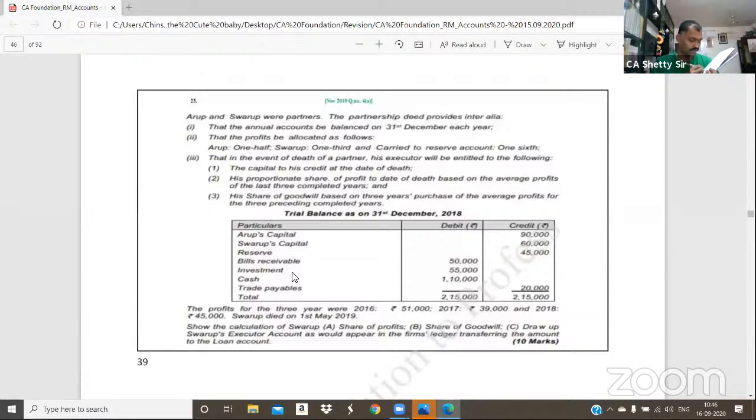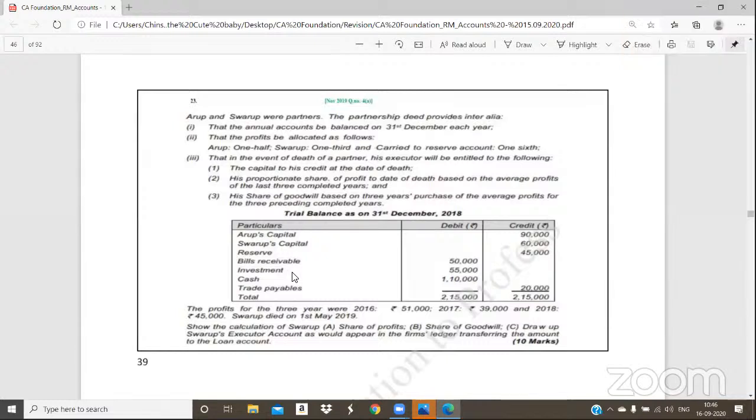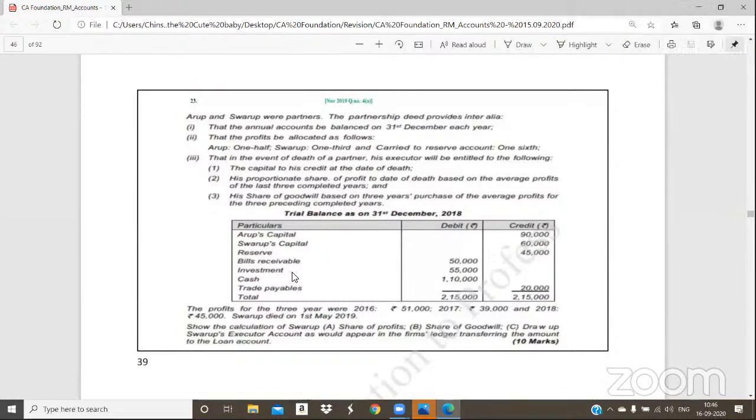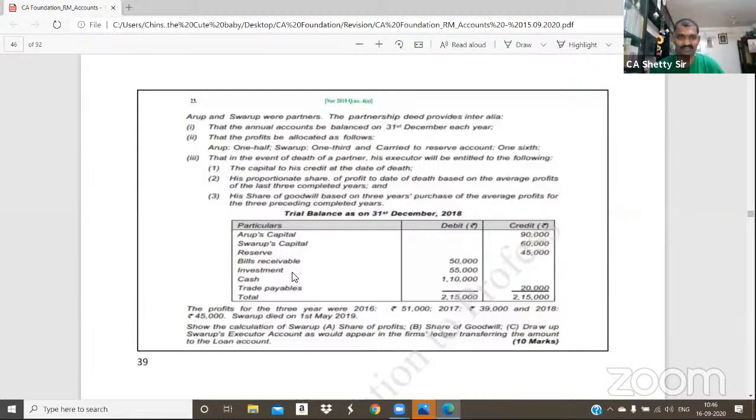Then 1st May 2019. Can you see? Yes, sir. 31st December 2018, then 1st May 2019. So from 31st December to 1st May, draw a line, a flower bracket. Below that, what should you write? How many months? 4 months. P&L suspense account.